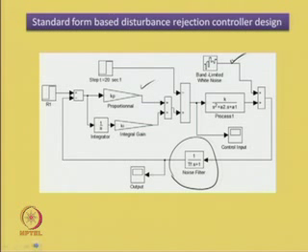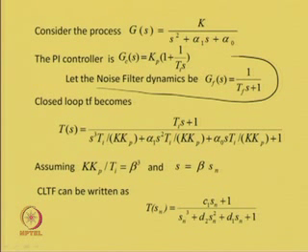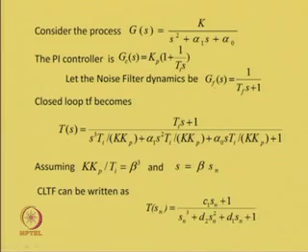Then all the steps we have used earlier can be repeated with the change that a noise filter dynamics of the form G_F(s) = 1/(T_F s + 1) is inserted. This is new.